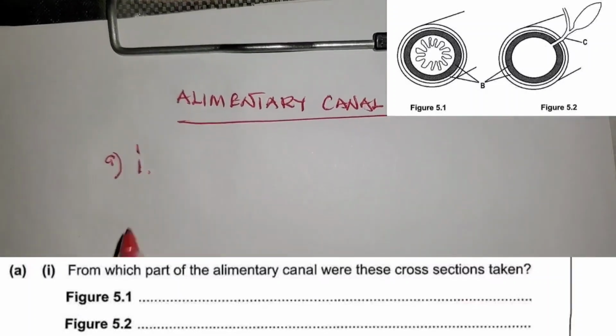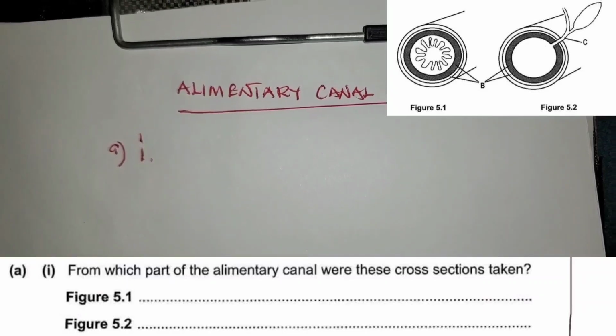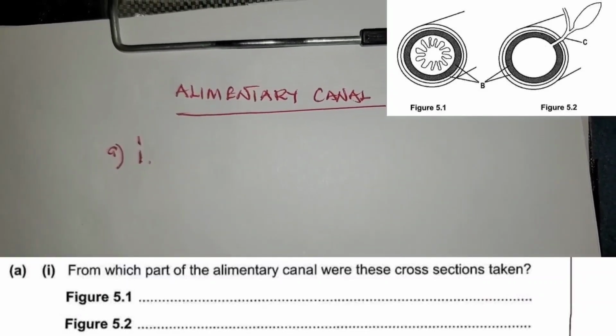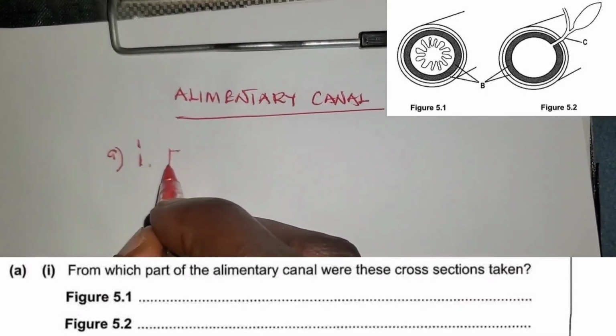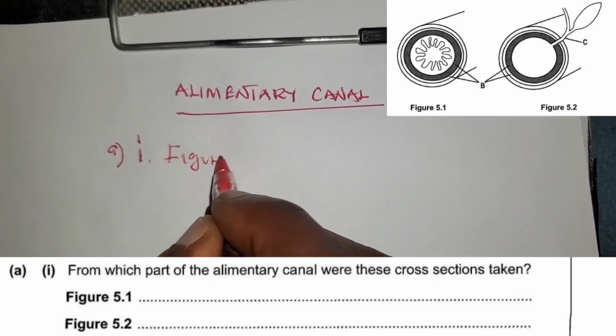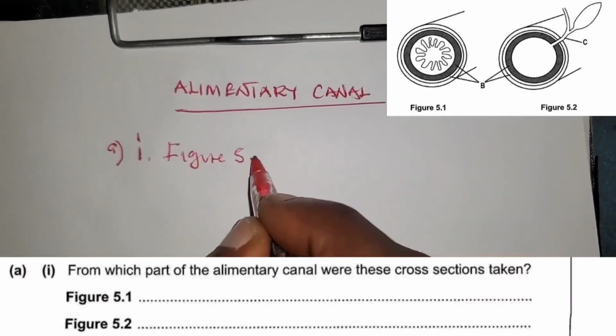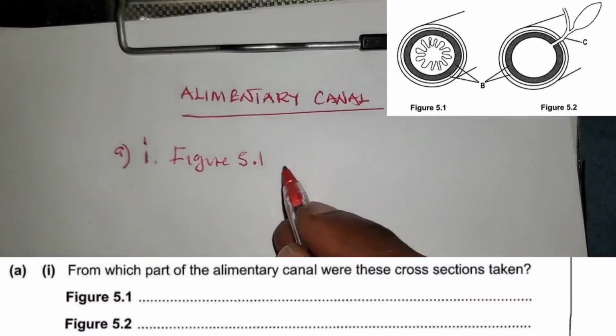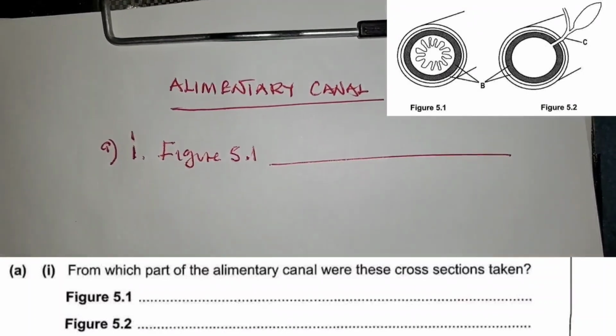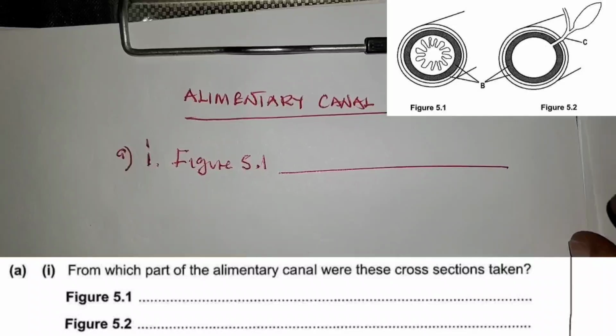They're saying from which part of the alimentary canal were these cross sections taken? So the first one is figure 5.1. What's the answer to this question?